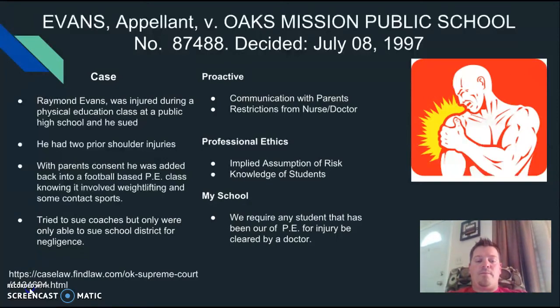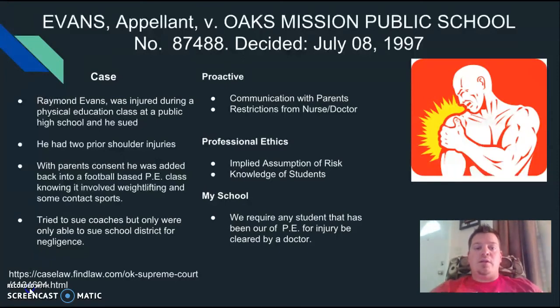And so to be proactive on this, communication with parents, I feel like the student along with the faculty should have known what he was allowed to do and what he shouldn't have been doing. If he has 2 shoulder injuries and he was not cleared to do any athletic activities, then both parties should have known that.